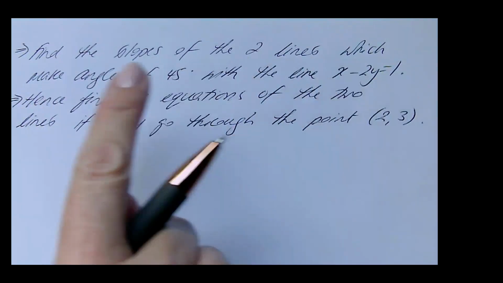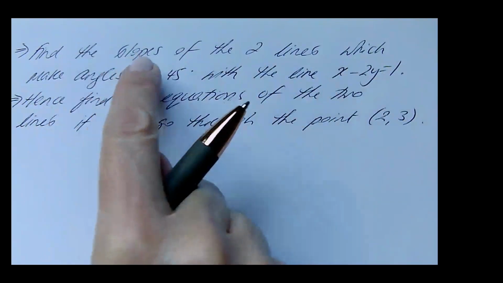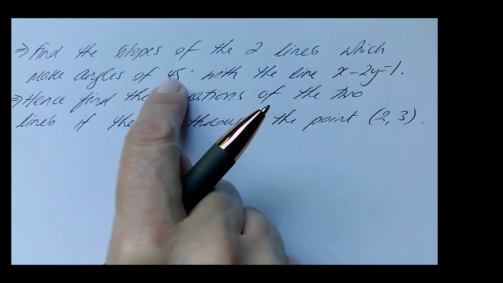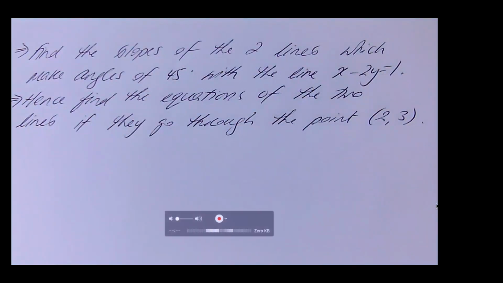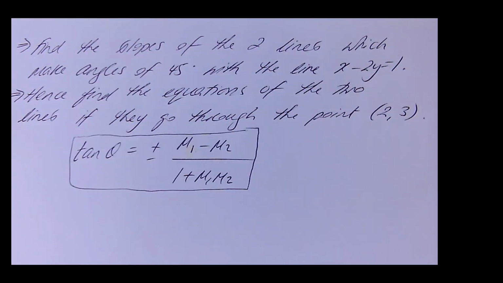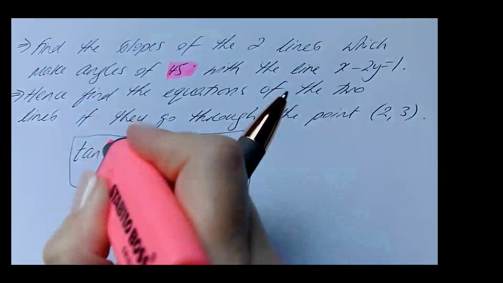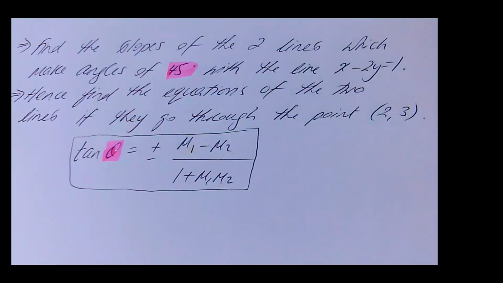Okay, so this time we're asked about the slopes and we're actually given the angle. Okay, so let's take a look at our formula again. So what I have here is an angle, which I'm going to be able to input here.